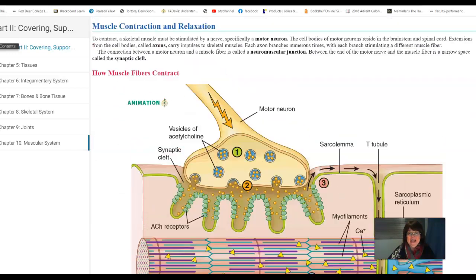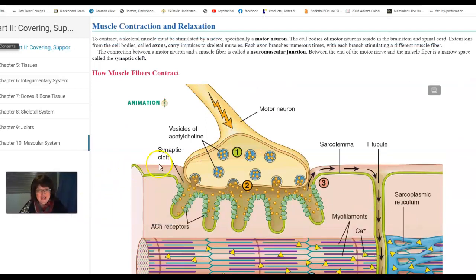Now, let's look at the complicated process of how the nerve tells the muscle to release calcium. This is called the neuromuscular junction. And I'll go through the whole process in a video, but I want to introduce the players. So this is the end of the axon.